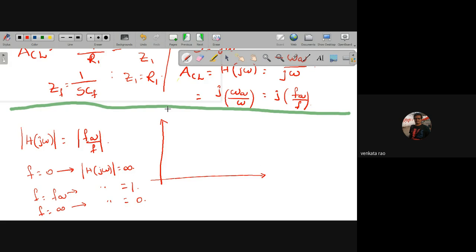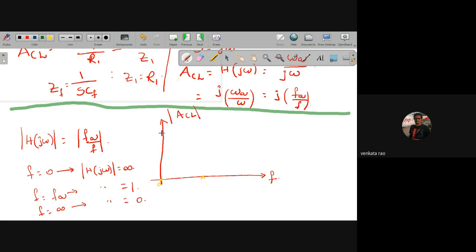Now if I plot this, our plot becomes like this. This is the magnitude of H of s, or closed loop gain, both are the same, and this is F. We plot it at 3 different values: F equal to 0, F equal to FA, and somewhere at infinity.